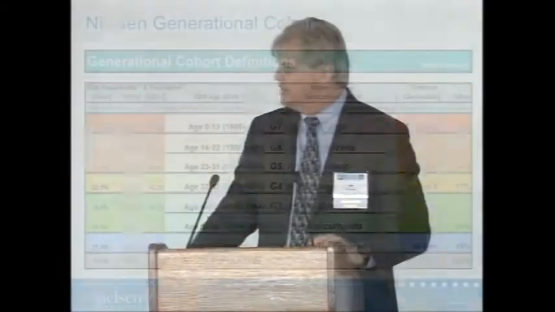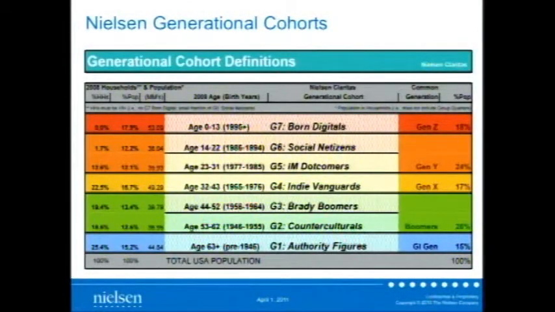And here's the 7 cohorts that we have actually identified through our analysis and research. As you can see there, you have your authority figures, ages 63 up, and then your group 1 at the bottom, and it goes right up to Generation Z. But within that spectrum, we've actually had to break down the boomers into 2 separate groupings, because we had found in our research that there's actually 2 separate groups that describe the cohort within the boomers.